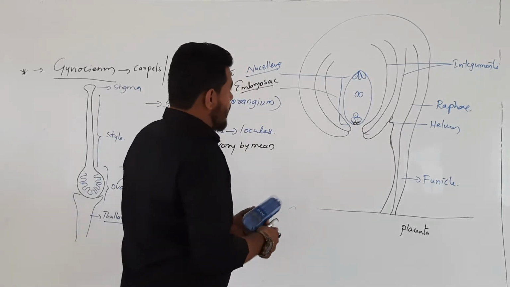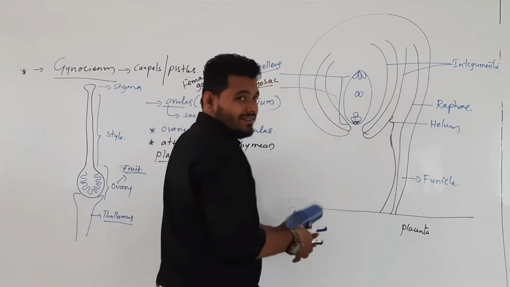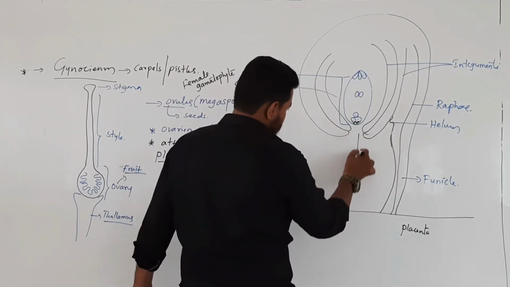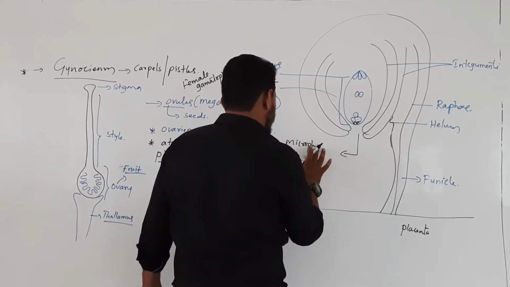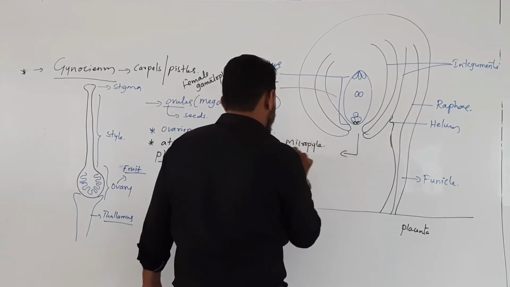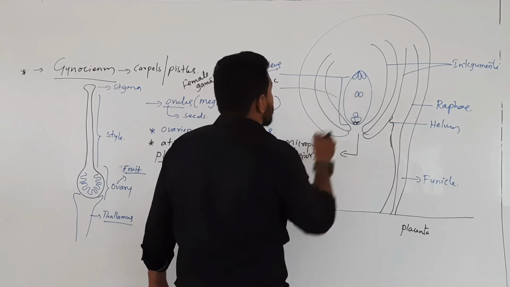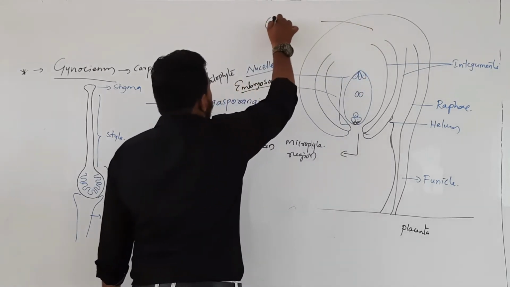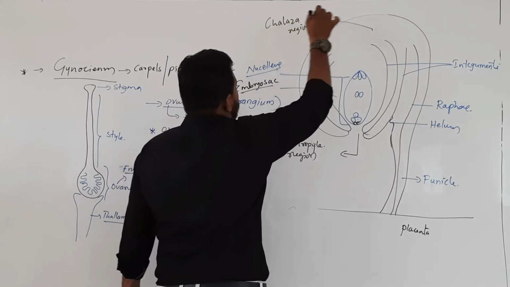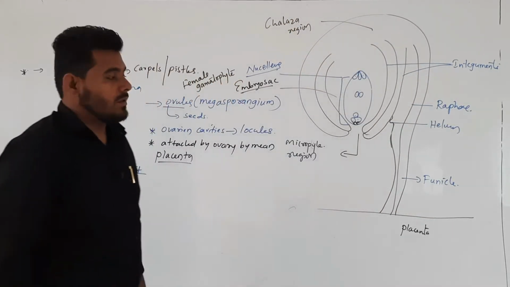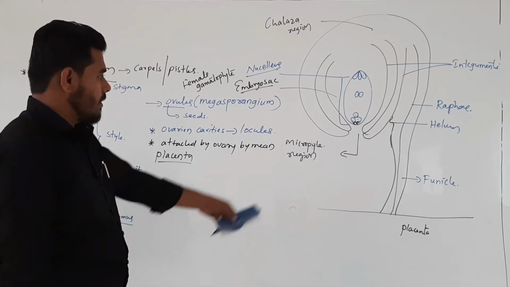Remember that the female gametophyte contains a number of cells, and this region is called micropyle region, and opposite to that this is called chalaza region.